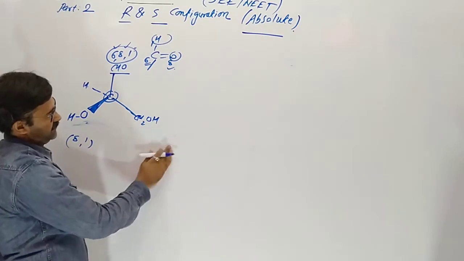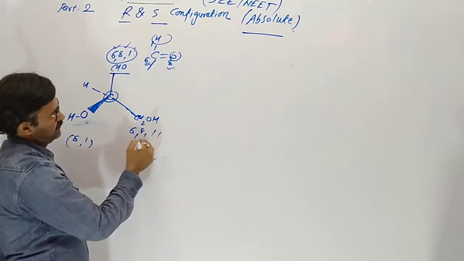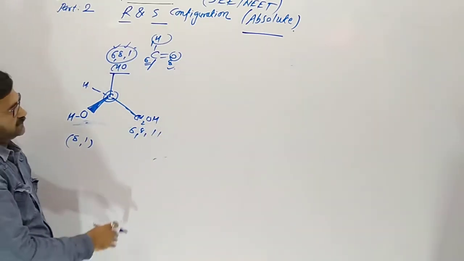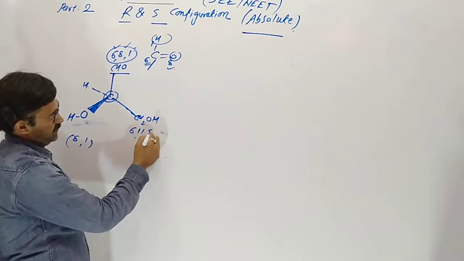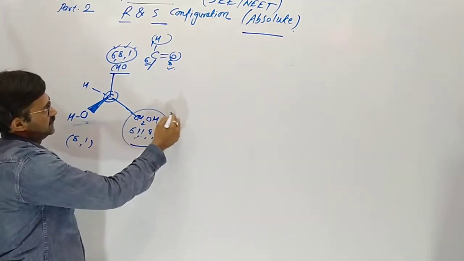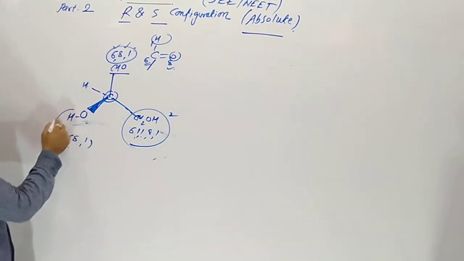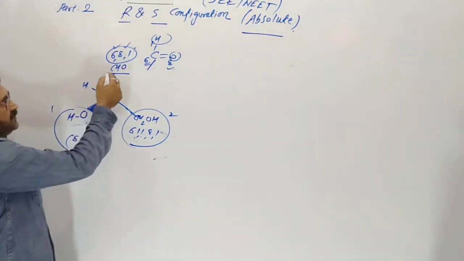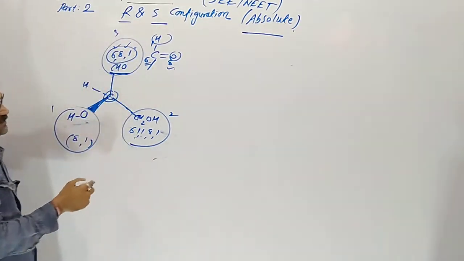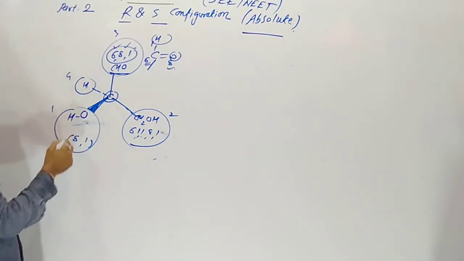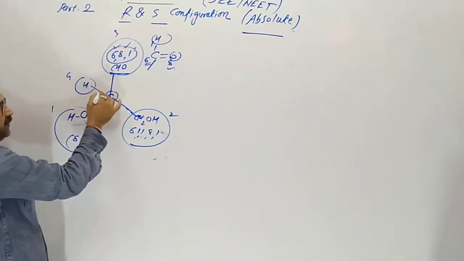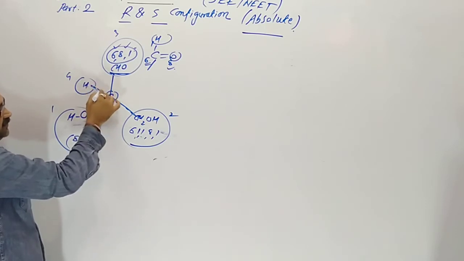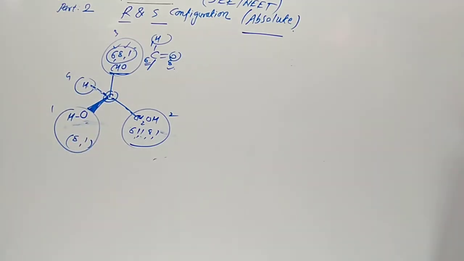Actually 6-8-1-1, yes sir. 6-1-1-8-1. This one is in second position, this one is in first position, CHO in third position, and hydrogen in fourth place. So hydrogen is already given behind the plane. So no need to change the place.